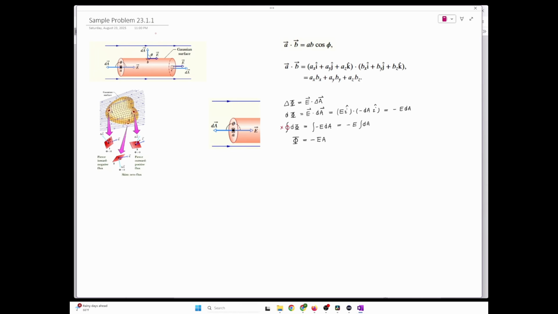Let's now look at the surface in the middle. This will be a cylindrical surface. Just like before, we'll be looking for the two vectors E and dA and form a dot product between them. Since the vector dA is pointing away from the surface and therefore vertically up, and the electric field is pointing horizontally to the right, the angle in between is 90 degrees, whose cosine is 0.